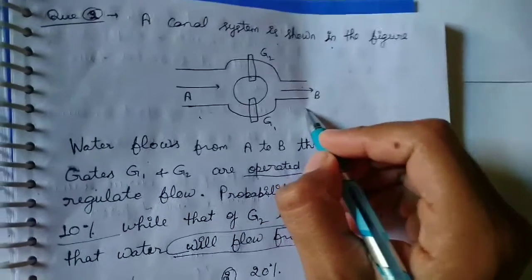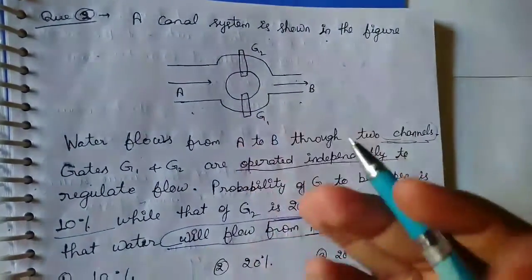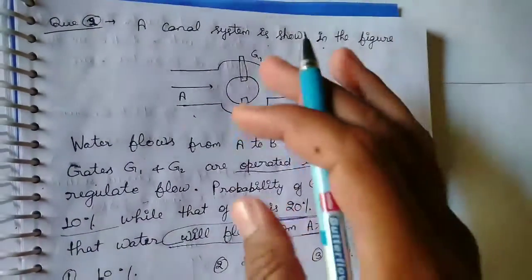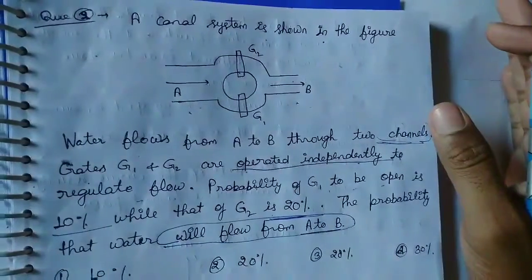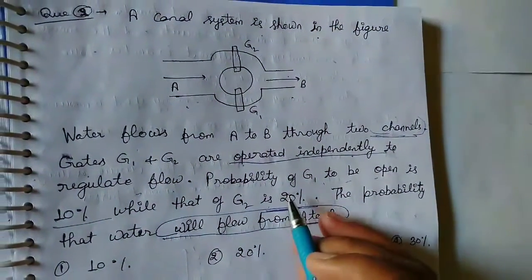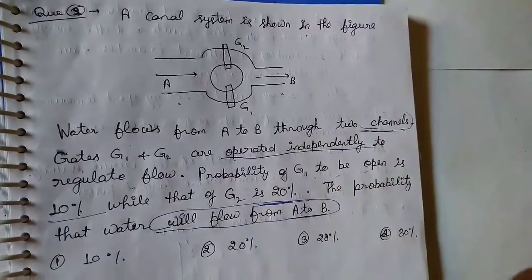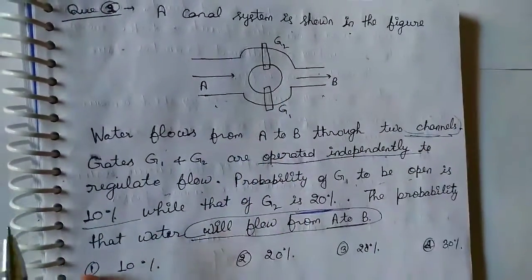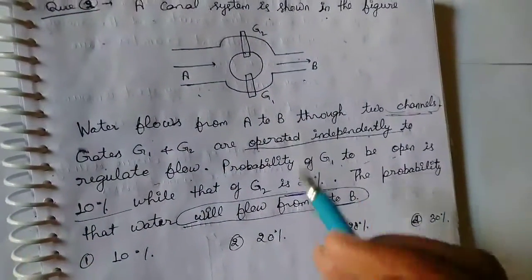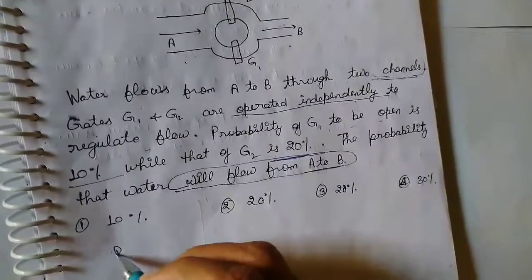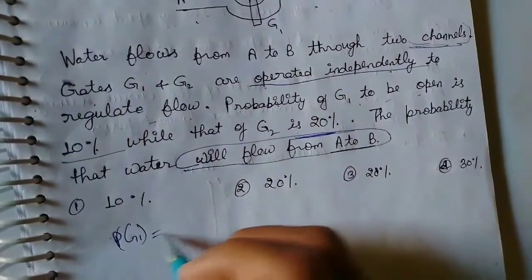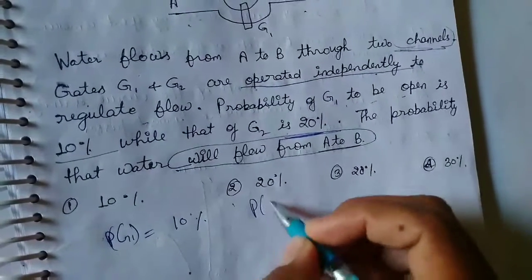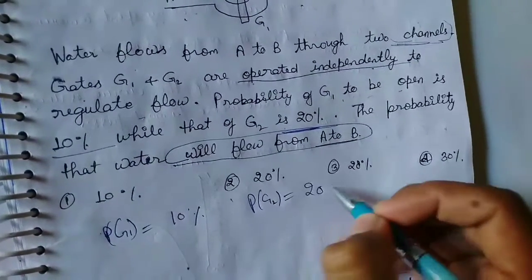This means that we will solve this problem by assuming first that there will be no flow of water, that means we will use the negation method of probability. So the probability of gate G1 open is P(G1) is 10%, while the probability of gate G2 is 20%.